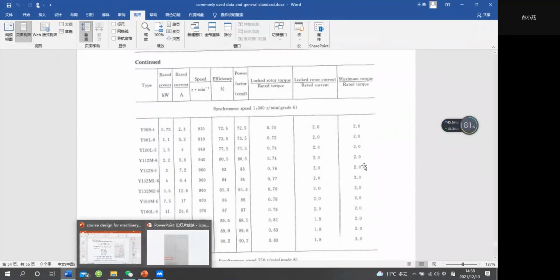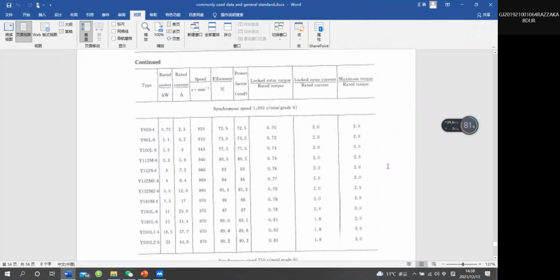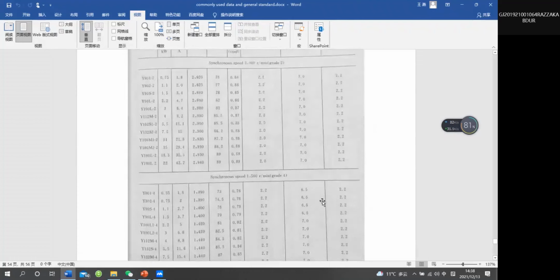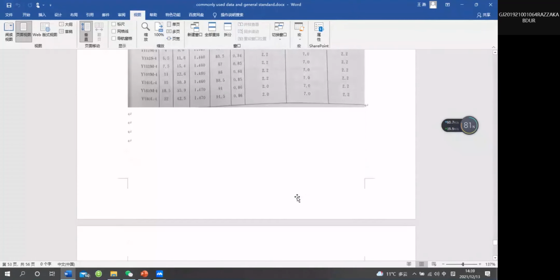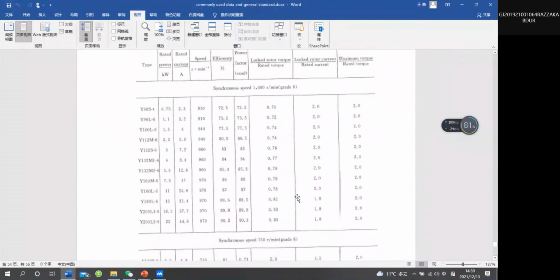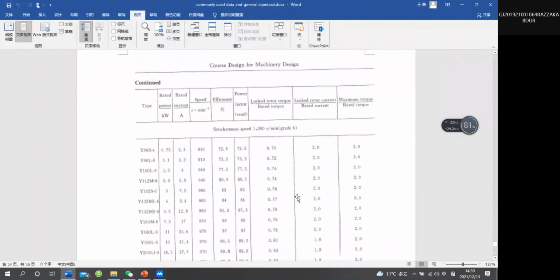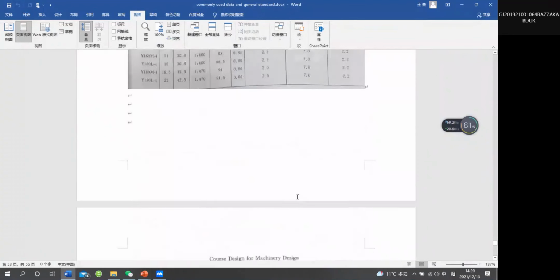I have a question. We can select the synchronous speed of 1,500 revolutions per minute or 1,000 revolutions per minute. So will we write the two answers, or just write one, mentioning that it is, suppose, 1,000 revolutions per minute?